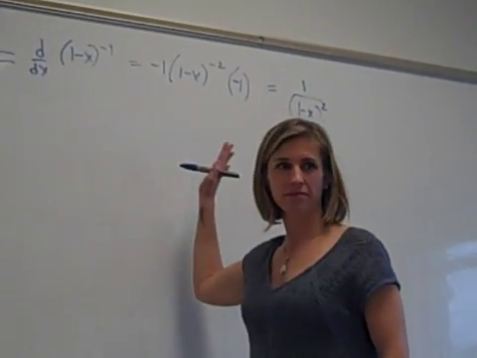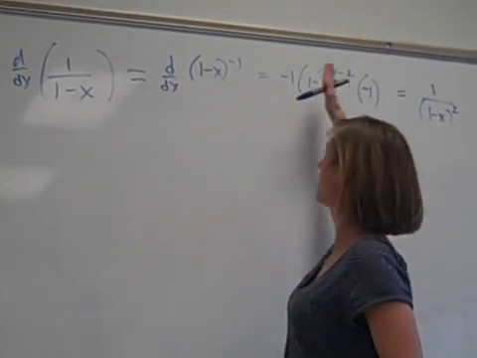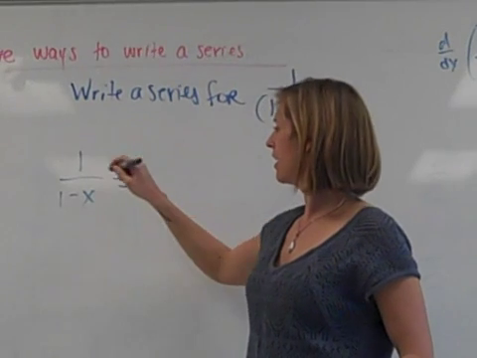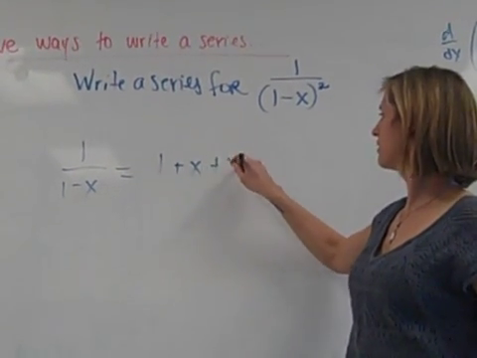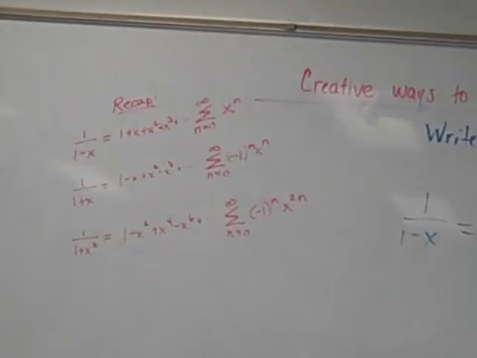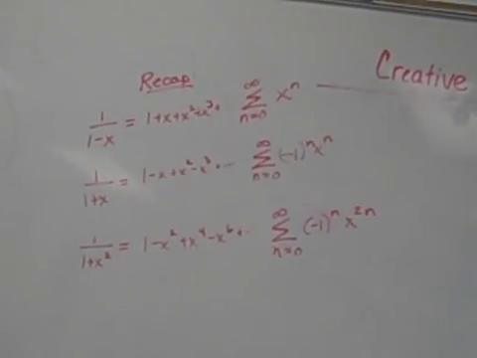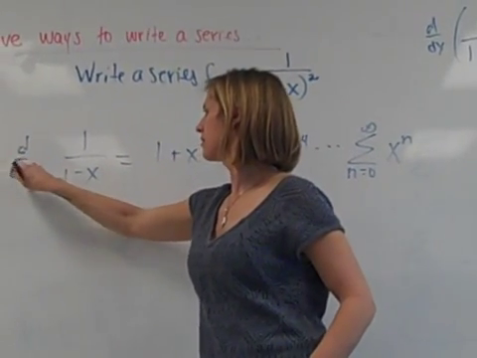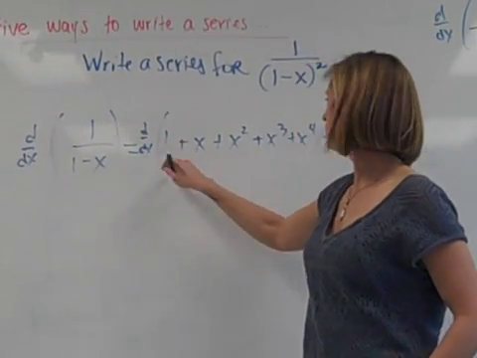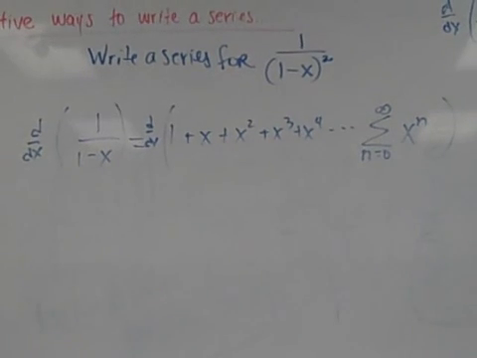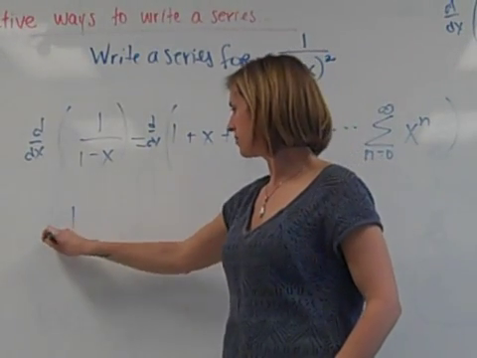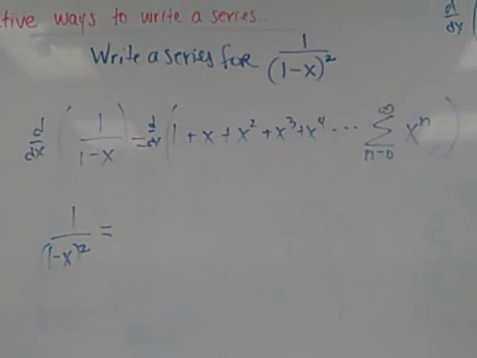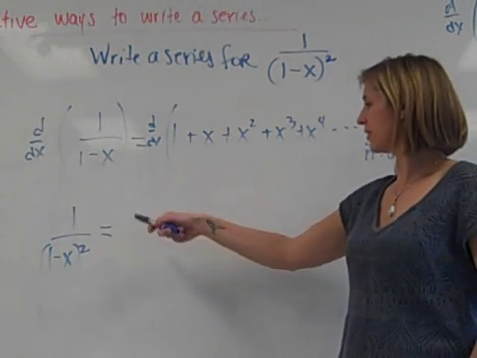Everyone get that? If I have this series and take the derivative of it, I do get that. So if I take 1 over 1 minus x and write out the series for it, it's all positives. I can take the derivative of both sides and get this new series. The derivative of 1 is 0.